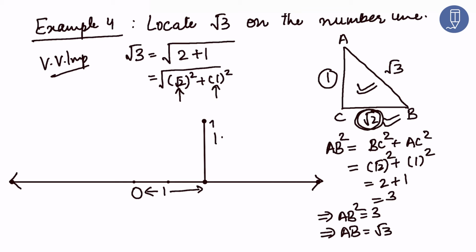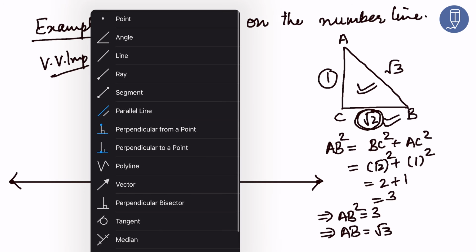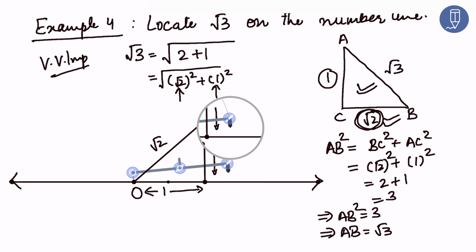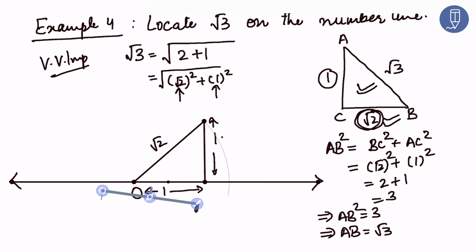This is also 1 unit. Now we join these two. This gives us square root of 2. This we have already done. Now we bring our compass. Now we move the compass. Remove the compass.